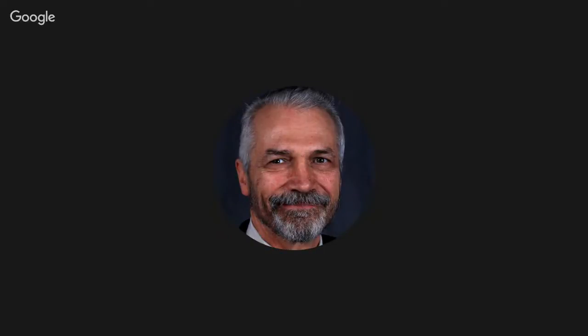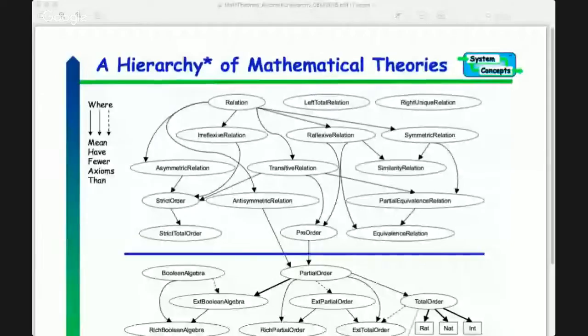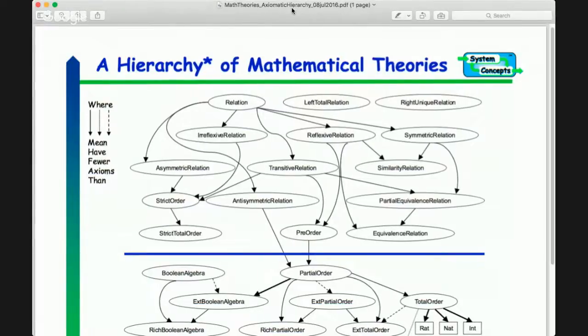So let's start looking at the hierarchy of mathematical theories. We looked at this one a while back, talked about it a little bit. There's an interesting arrangement, in my mind, from a number of different points.